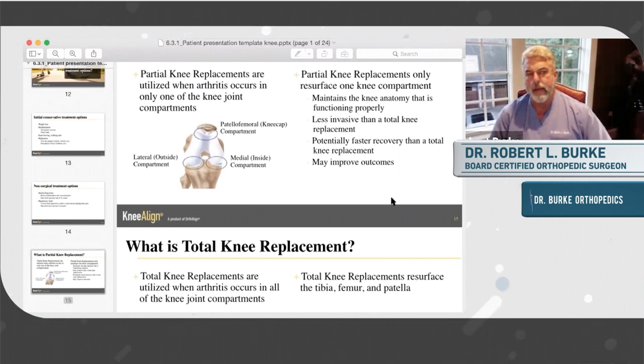And a partial knee replacement can be quite effective in helping patients that have isolated disease on a single compartment of the knee, whether it be the inside, which is the most common, or the outside, which is less common. Partial knee replacements can often serve as a bridge to younger patients before they require total knee arthroplasty.